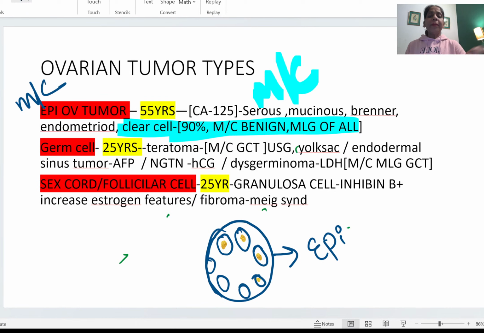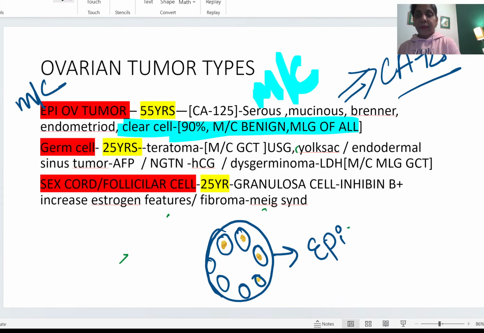Okay, the tumor marker for the epithelial ovarian tumor is CA125. And among epithelial ovarian tumors, the most common is the serous. Serous, because the fallopian tube is lying over the ovary.